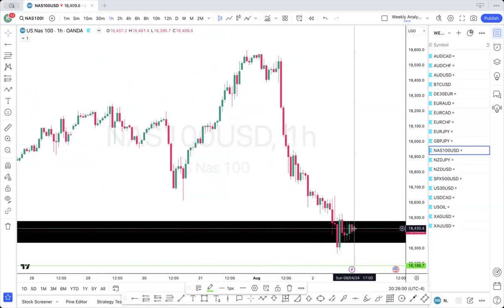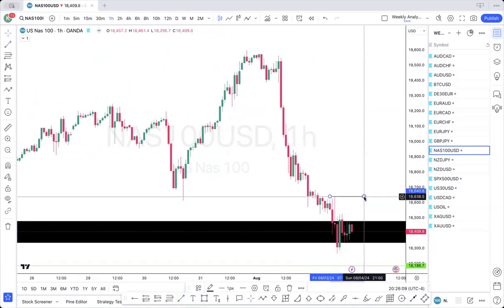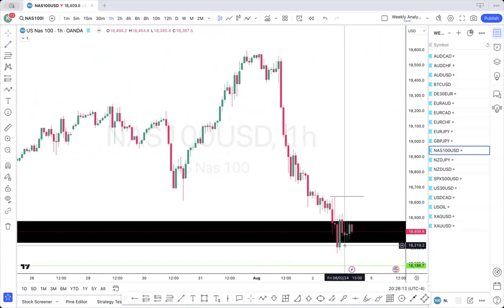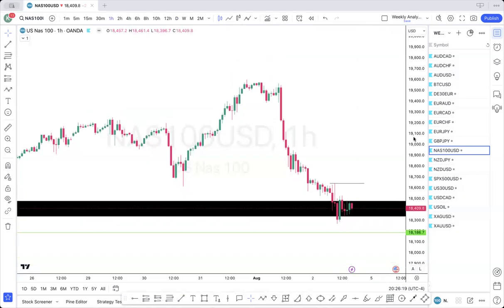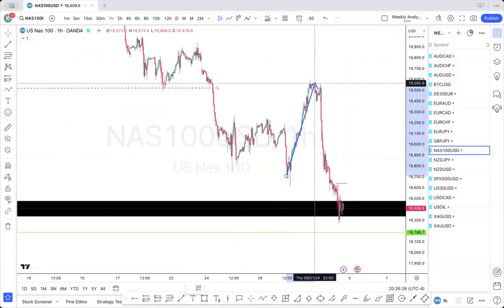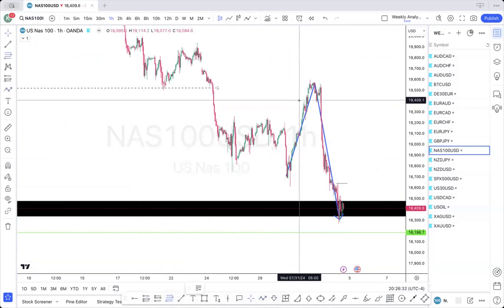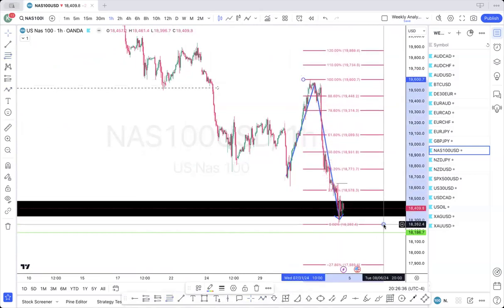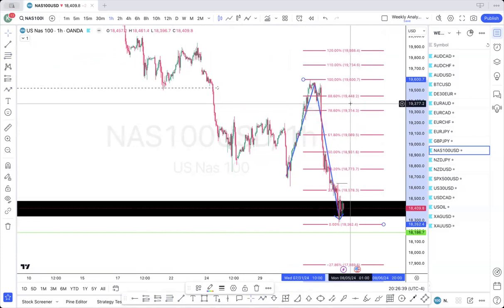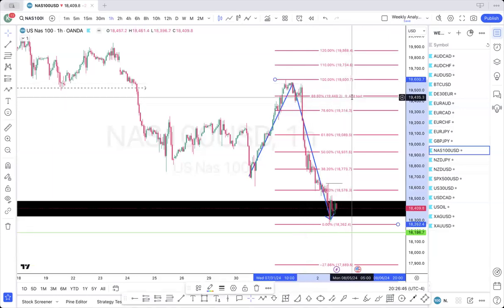So I would love to see an impulse move breaking above this candle here for the pullback, and then the continuation of a buy back up into, because this is our higher time frame swing here, at least the 78 or up to the 88 based on price action, or near the 88, or this supply zone here.